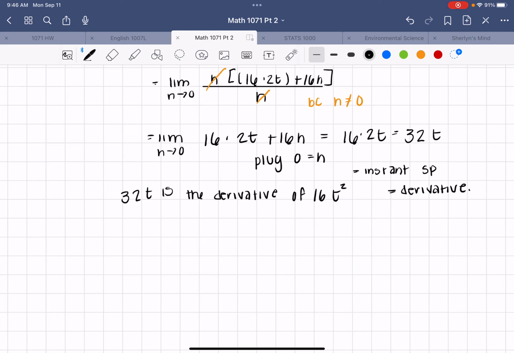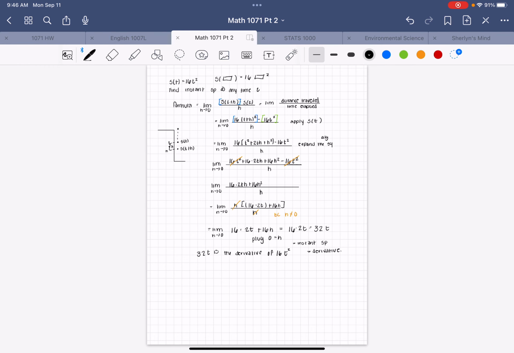If the problem had just been t squared, we will see the derivative is 2t. And by putting a coefficient of 16, coefficients stay, whether you take a derivative or an integral. So therefore, you're absolutely right. It's 16 times 2t.